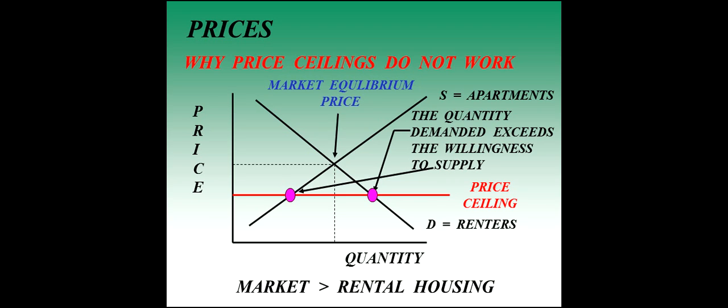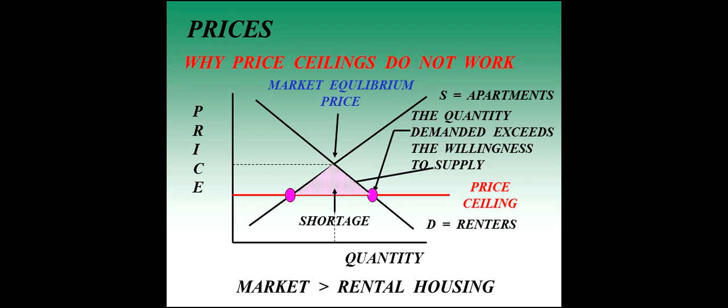And what that causes is the apartment buildings to become uninhabitable, which effectively creates a shortage. And a price ceiling will always do this with regard to a good. Once the price ceiling is put in place, you will see shortages occur, as happens with the rental housing in this case.